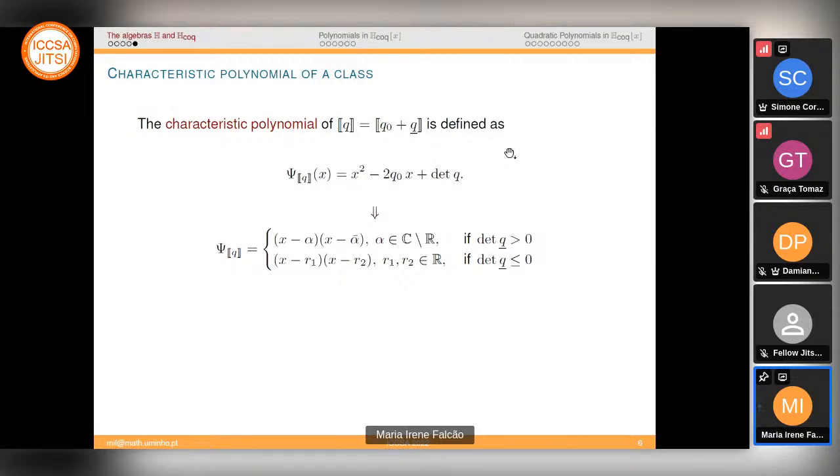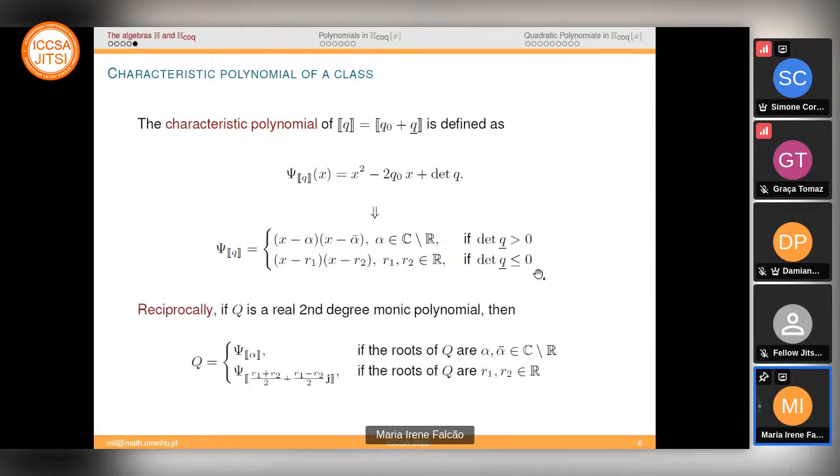They can be complex conjugate or they can be real. So this means that the characteristic polynomial can be written in one of these forms. But what is more important is that, reciprocally, if we have a real second-degree monic polynomial, this means that this polynomial is the characteristic polynomial of some class.